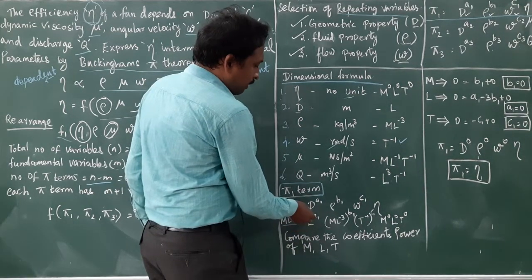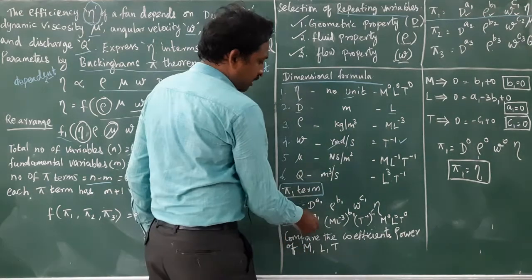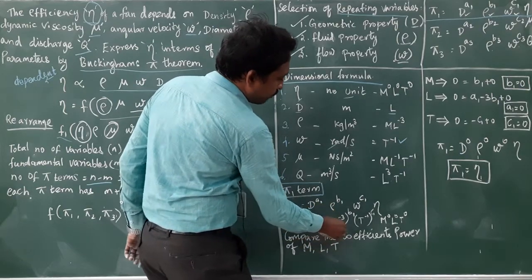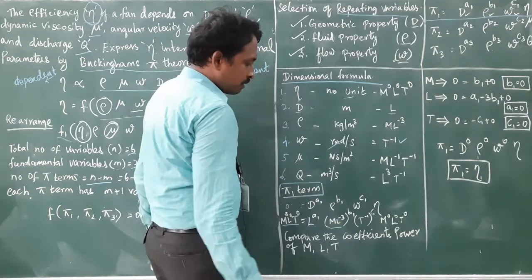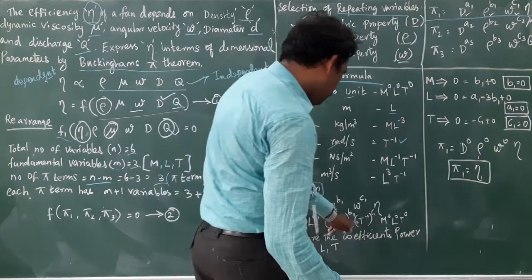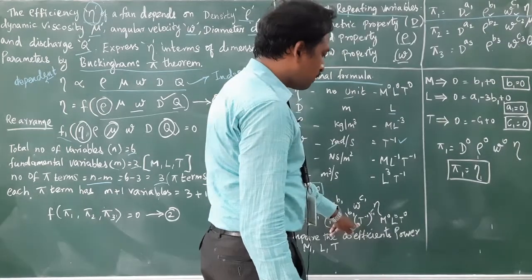Next, the dimensional formula for d is L. Next, the dimensional formula for rho is M L power minus 3. Next term, the dimensional formula for omega is T power minus 1.